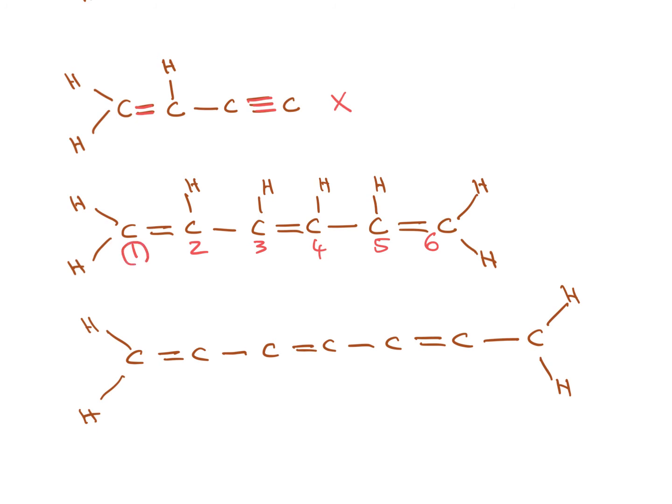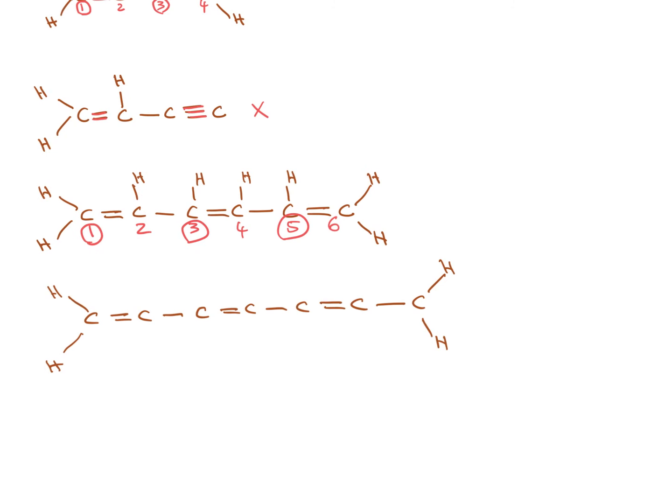We say 1, 3, 5. We have 6 carbons, it would be hexa. If just 1 double bond, it would be hexene, but we have 3 double bonds, so it would be triene.